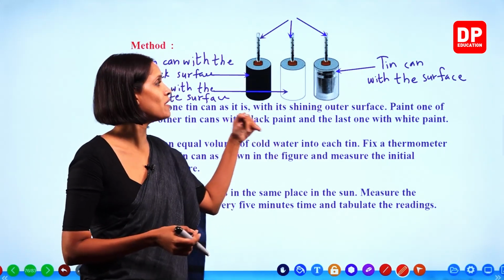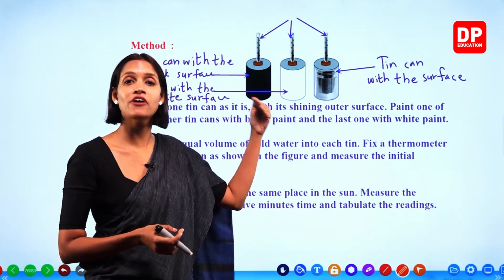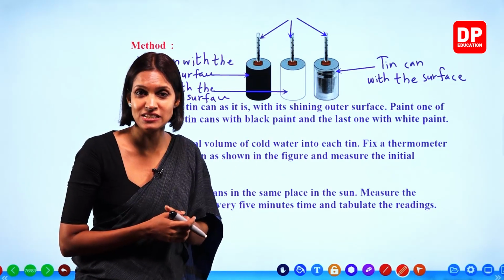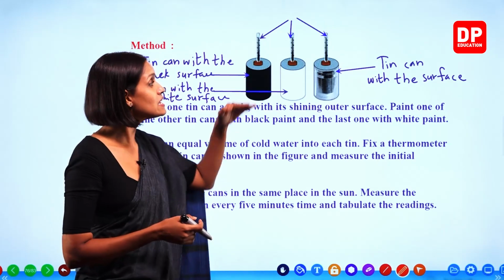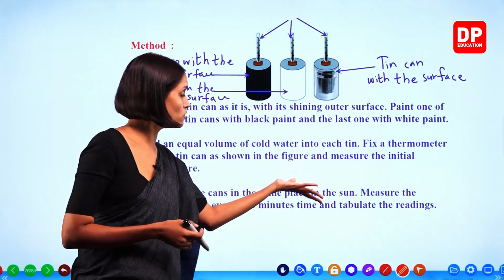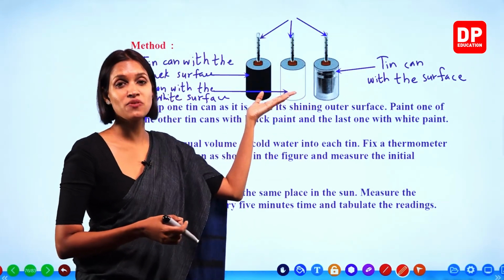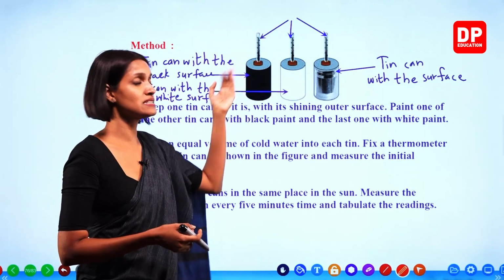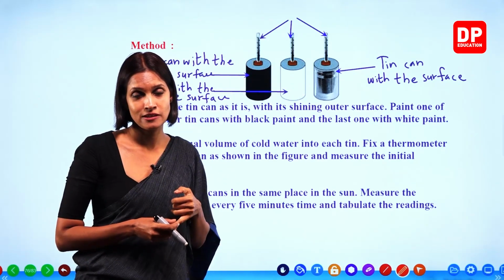Every 5 minutes, for about 10 to 15 minutes, you have to measure the temperature of these tin cans, right? Initial temperature will be the same. Obviously, when you keep it in a place where sunlight is present, due to sunlight, these tin cans will get heated up, right?